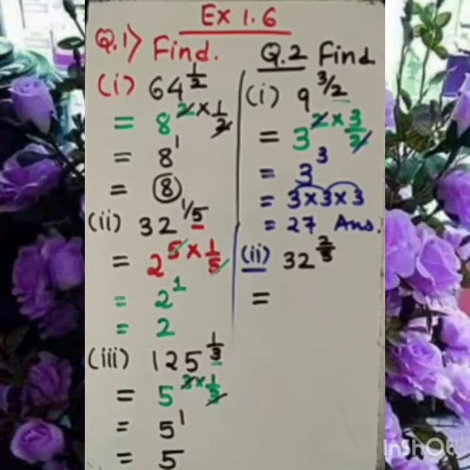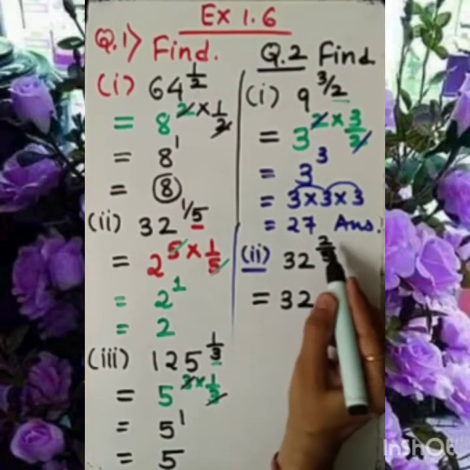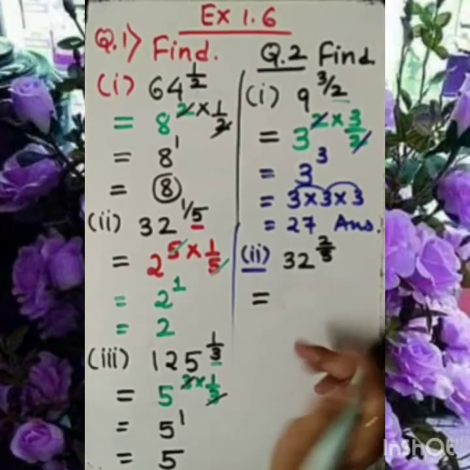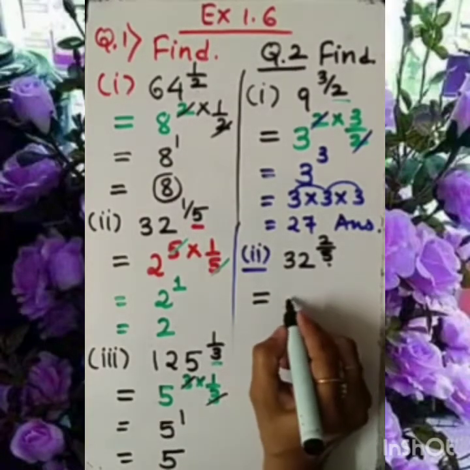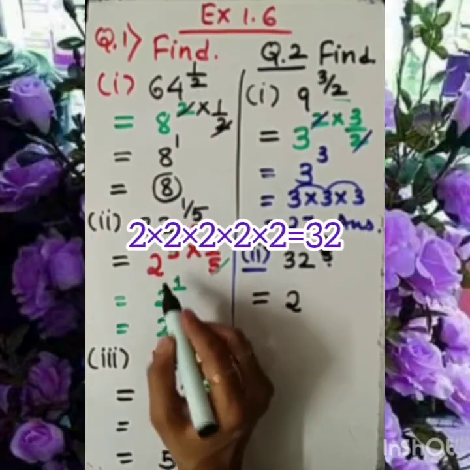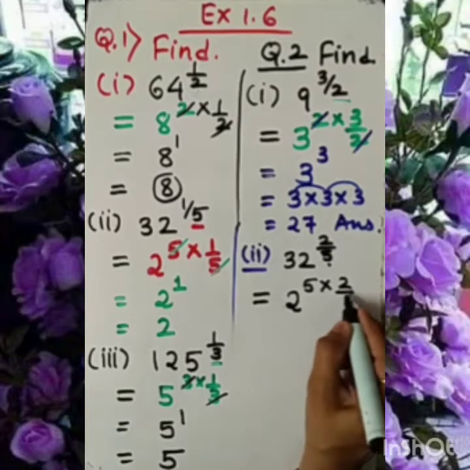And here we need to write 32 as 2 to the power 5. So here it is 5. Can we write 32 in the power of 5? Of course we can. We know that we have already done 2 to the power 5. Same procedure. 2 to the power 5 into 2 to the power 5.